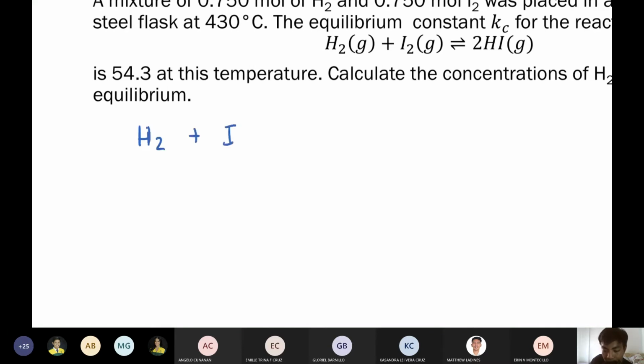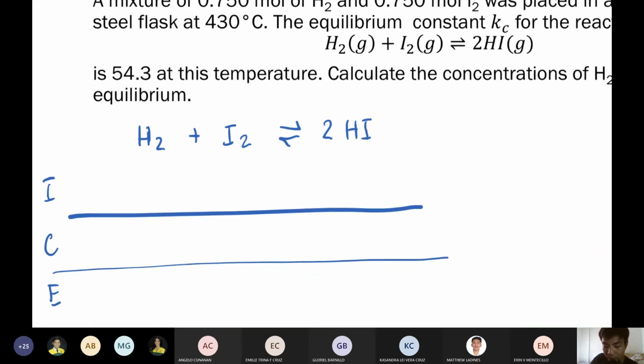H2 gas, I2 gas, in equilibrium with 2HI. Then, you write ice, no? Ice lang. Okay, so yan. So, yan na yung ating ice table. Yung HI yung product, yung H2 and I2 yun yung reactant.